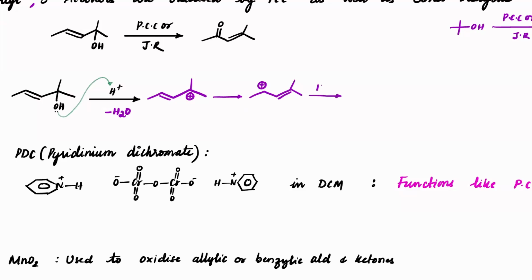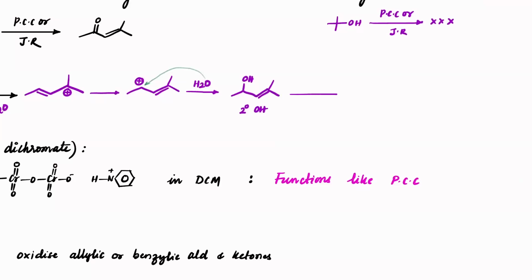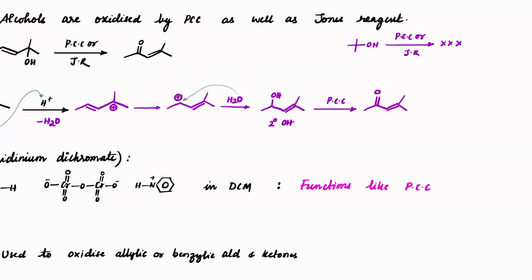And again, water as a nucleophile will attack on this position. That makes it alcohol again. And now this has converted into 2 degree alcohol. Since it is now a 2 degree alcohol, if you use PCC or Jones reagent without disturbing the double bond, now they will convert into keto form. So this is how the allylic 3 degree alcohols can be oxidized, everybody.